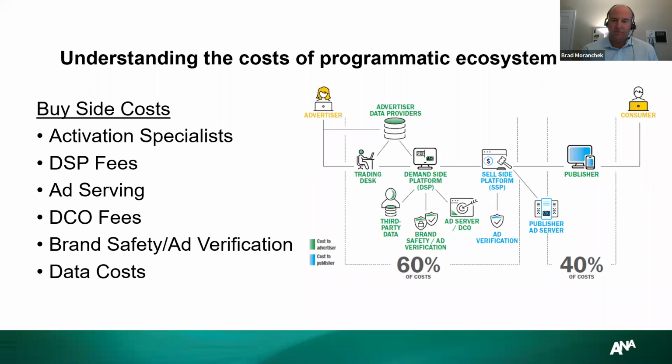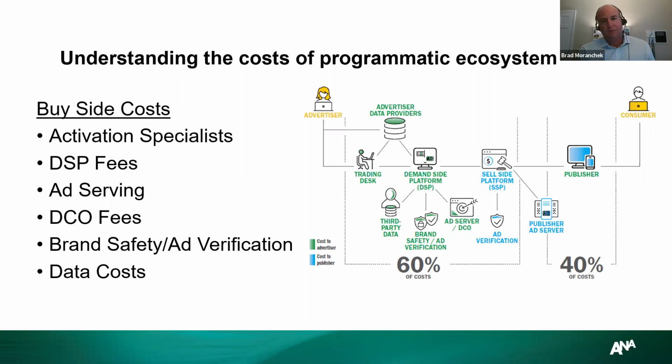And the other 40% of the cost goes to the supply side. The SSP platforms collect a little bit for helping the publishers find the consumer and the winning bidder, and of course the publishers receive some of the revenue as well to help fund their content and their site.